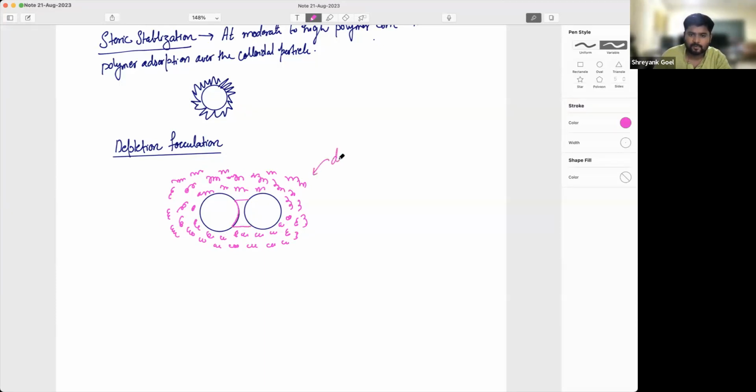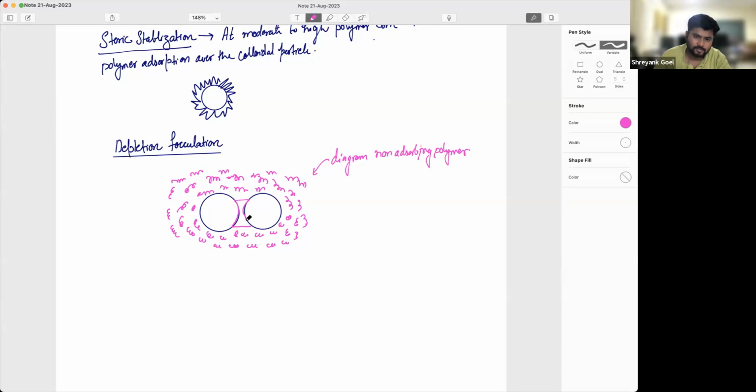This diagram is for the case when the polymers are non-absorbing polymer.